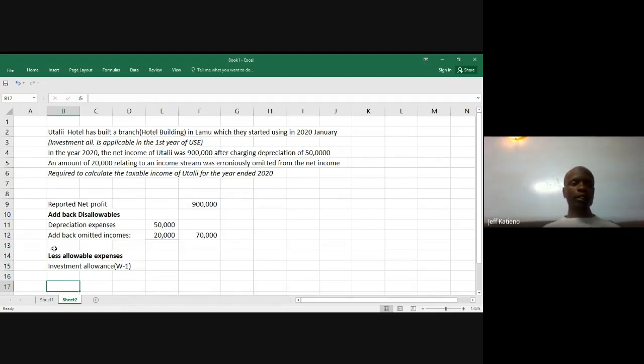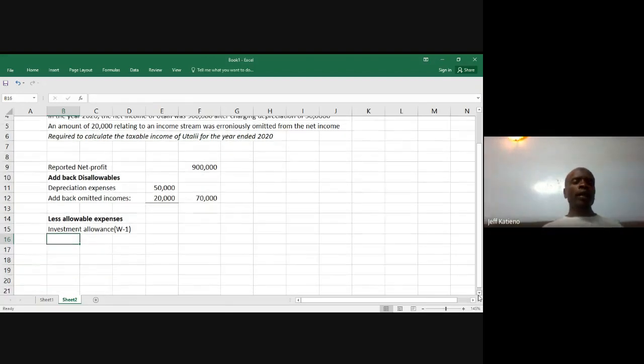If this net profit included some non-taxable income, we would have left it here. So this one normally includes non-taxable income. Let me say there were some dividends which were taxed at source, and so you should not tax them again here. Then we would remove them from the schedule so that we don't tax that income stream again. But since there's no item of that sort, we just remove that line item.